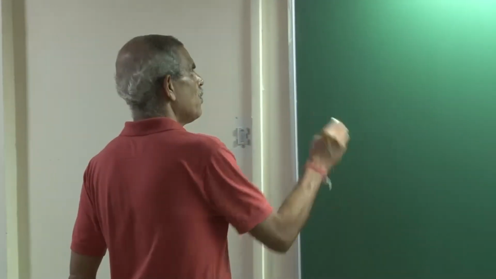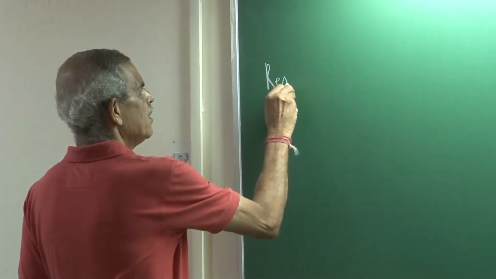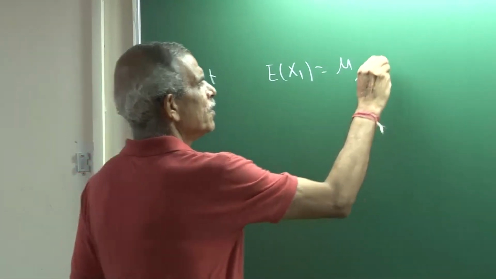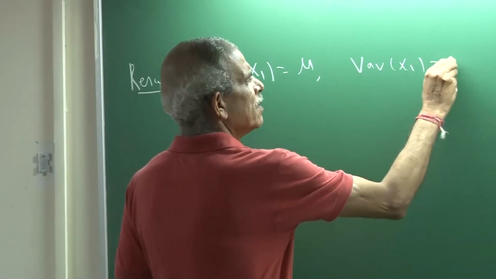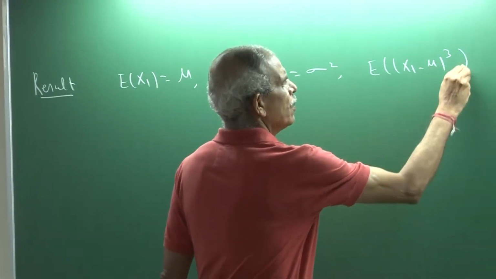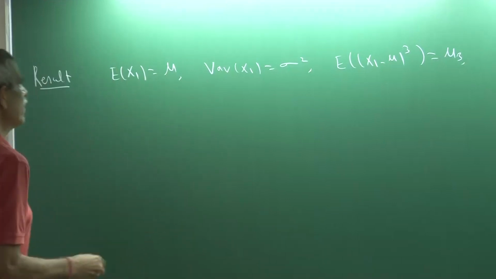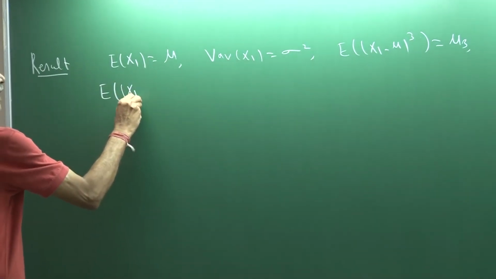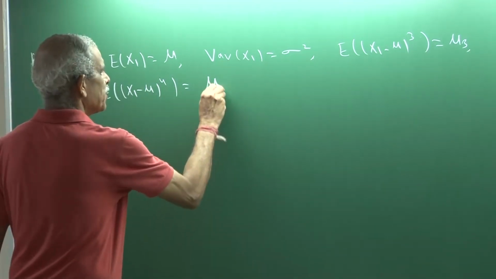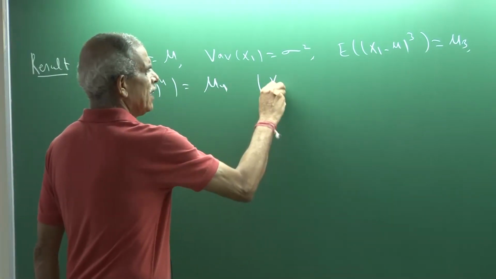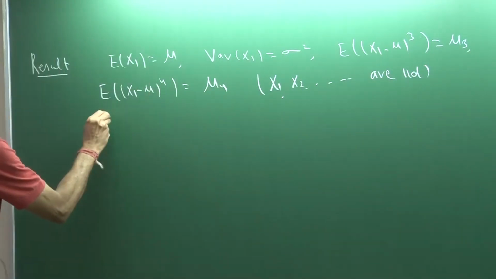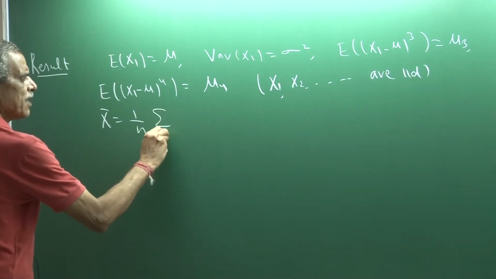We saw a result which says that if expected value of x1 is mu, variance of x1 is sigma square, expected value of x1 minus mu whole cube is mu3, and expected value of x1 minus mu whole 4 is mu4, where x1, x2 are IID, and x bar is 1 upon n summation i equal to 1 to n xi.